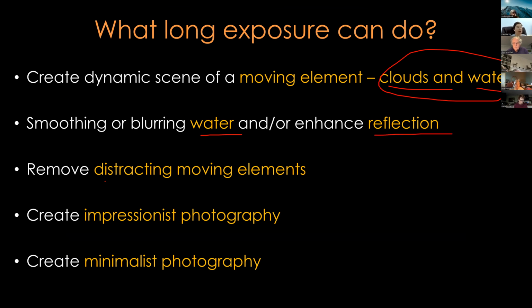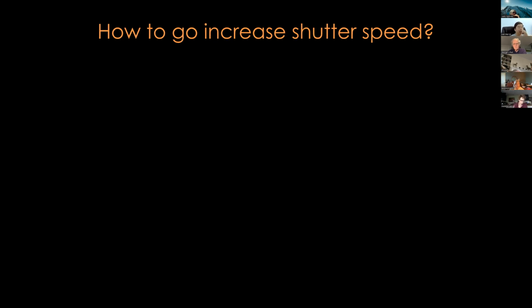It also helps us remove distracting elements. I'm going to talk more about this later on. It also helps us to create impressionist or minimalist styles of photography. So at this point, you can see that it's all about movement, all about the motion and the time.